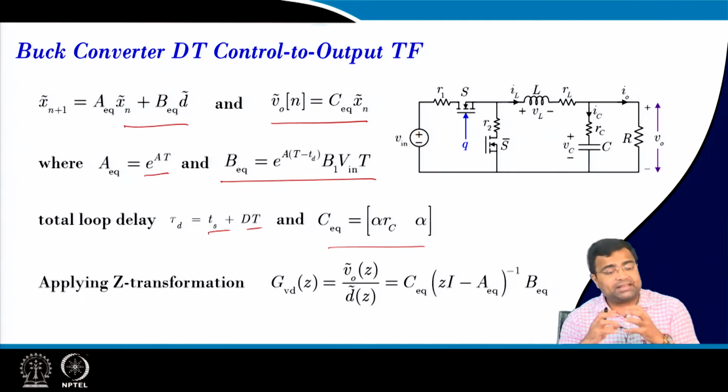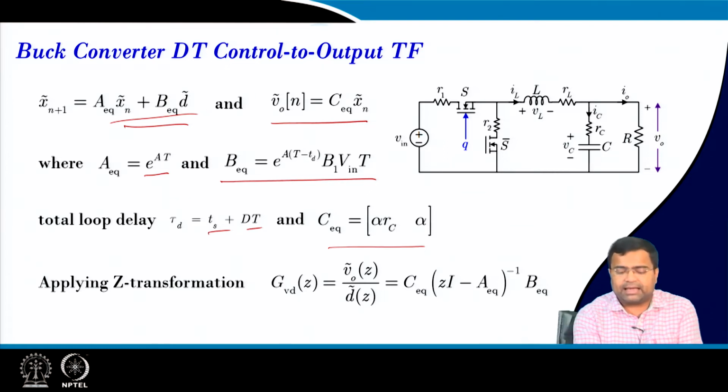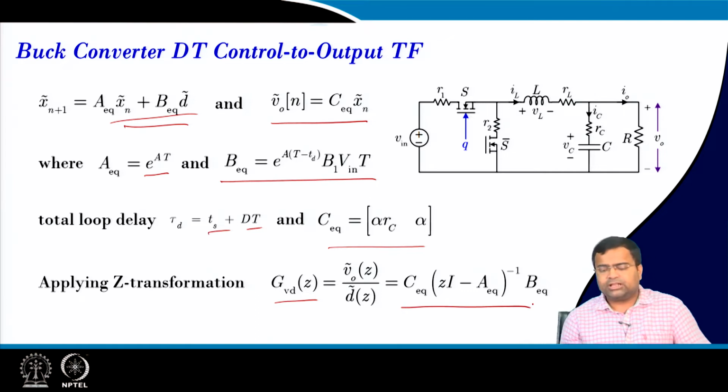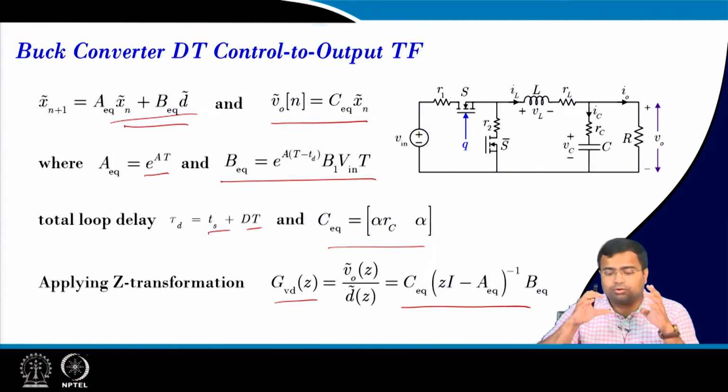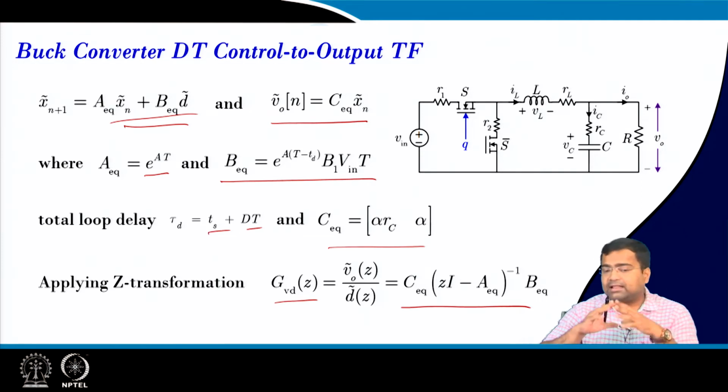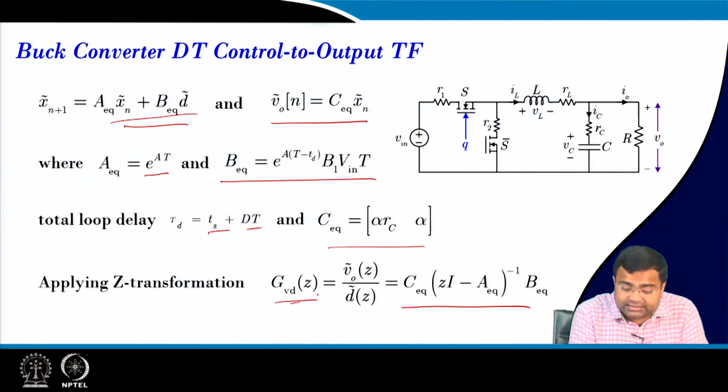Now, if we apply the Z transform here, we can derive the discrete time control to output transfer function, which is like this. Now, what is our objective? First, we want to draw the Bode plot of GVD(s) without delay, then GVD with delay, because in digital control we have the ADC delay plus dPWM delay, and third, on the same plot we want to plot GVD(z).